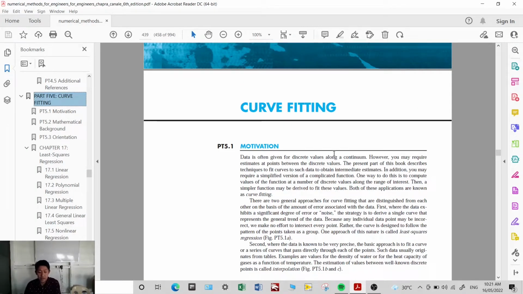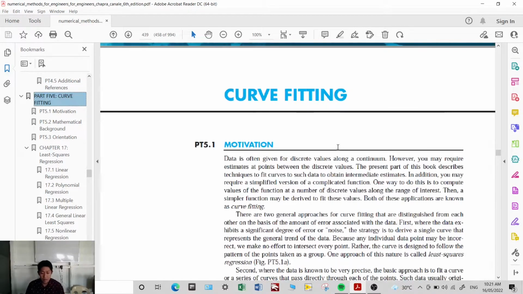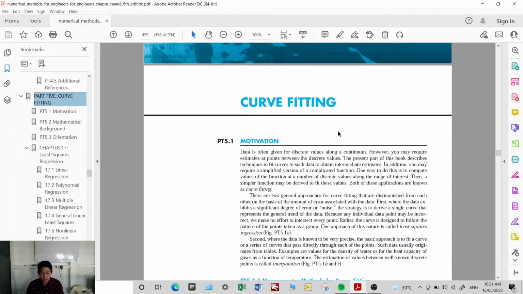We'll start our class on the topic of curve fitting. So, what is curve fitting? Curve fitting is usually used in engineering for interpreting data.